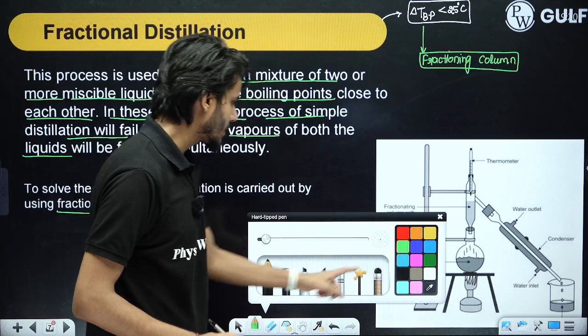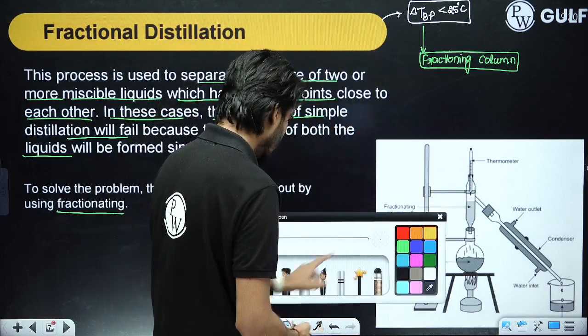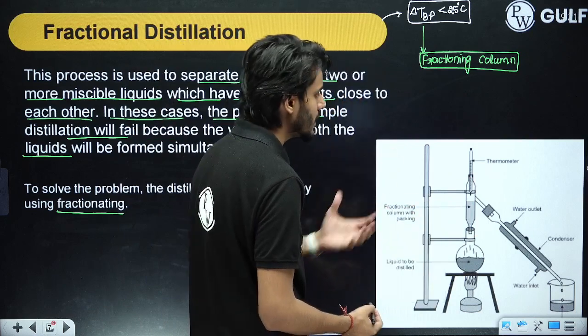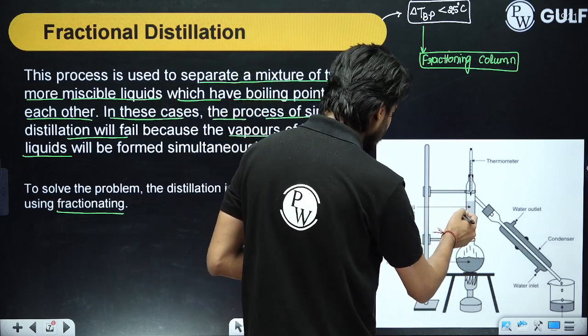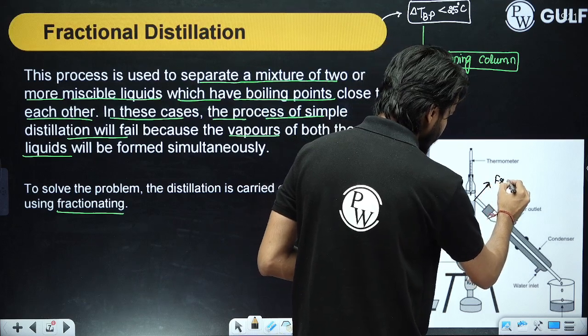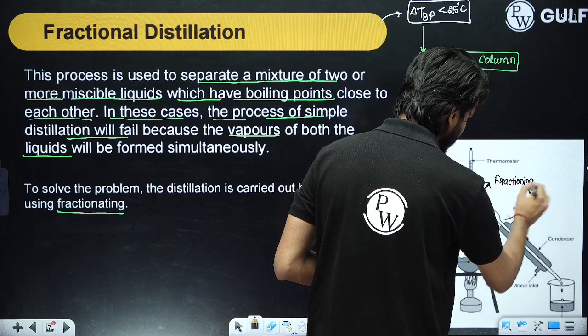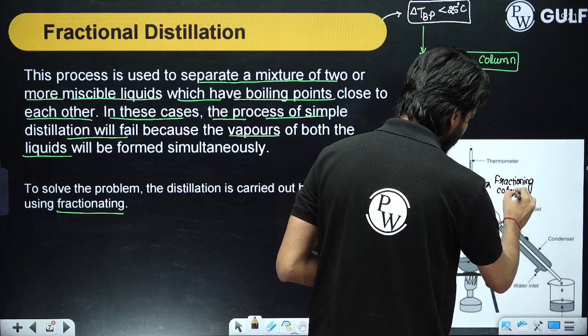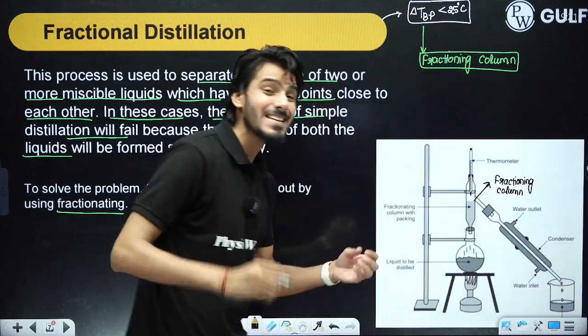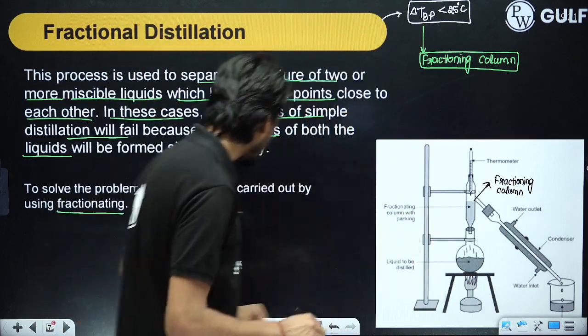Now, what is this? Let's look at this. We just add one more thing in our apparatus setup, and this is nothing but the fractioning column, guys. This is what we call the fractioning column. Now, let me tell you this in a very simple way. How will you understand the use of the fractioning column?